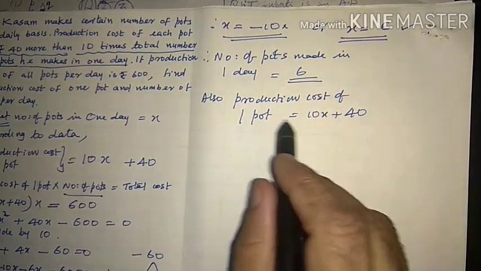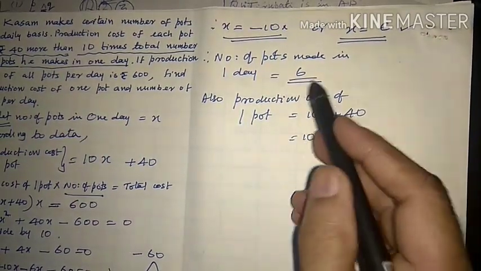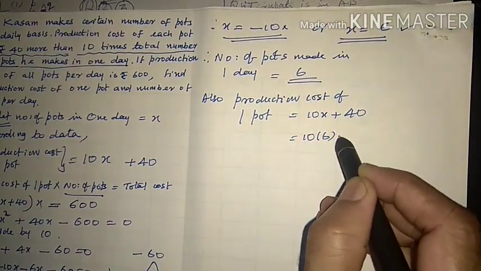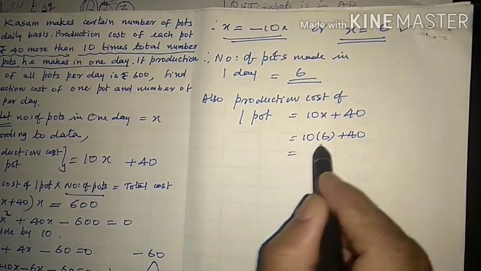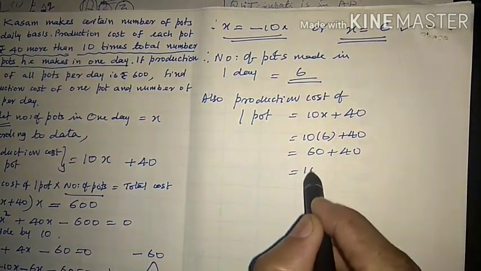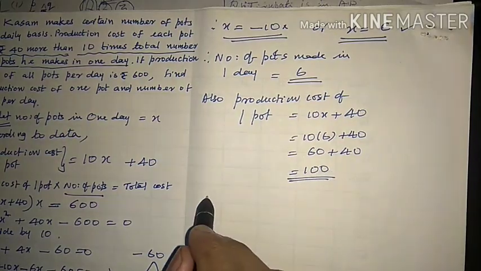So 10 into 6, since x is 6, plus 40. 6 tens are 60 plus 40, that is 100.